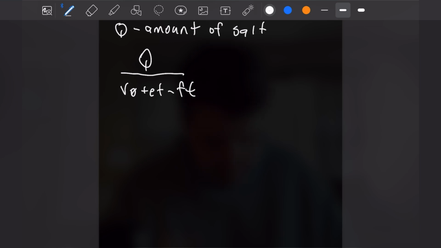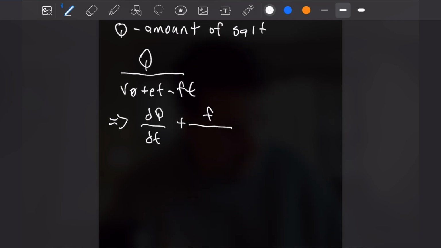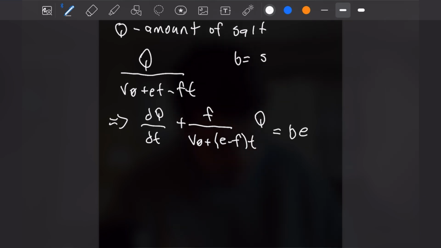So with this, we can set up the following differential equation. We will have dQ over dt plus F over our volume, V naught plus, let's go ahead and rewrite this as E minus F times T, and that whole thing is going to be times Q is equal to B times E, where we take B to be equal to the salt per gallon of the solution in.